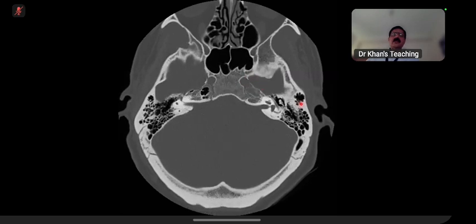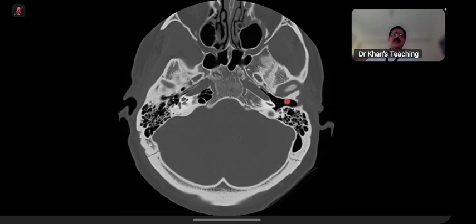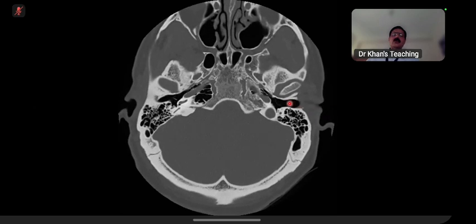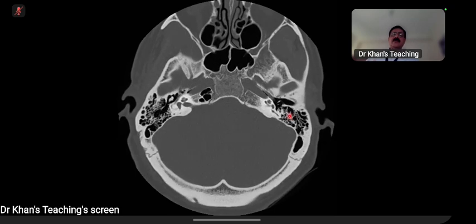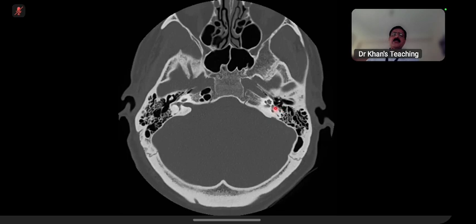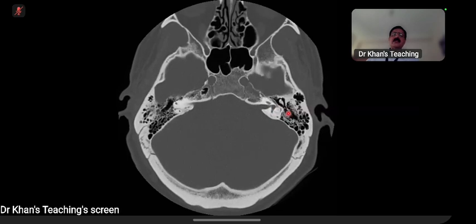Coming back to the middle ear. So this is the external auditory canal. This is the tympanic membrane. This space is the middle ear cavity. And then we can see these ossicles. Actually, this is the stapes. And you can see this semicircular canal where I'm pointing out.